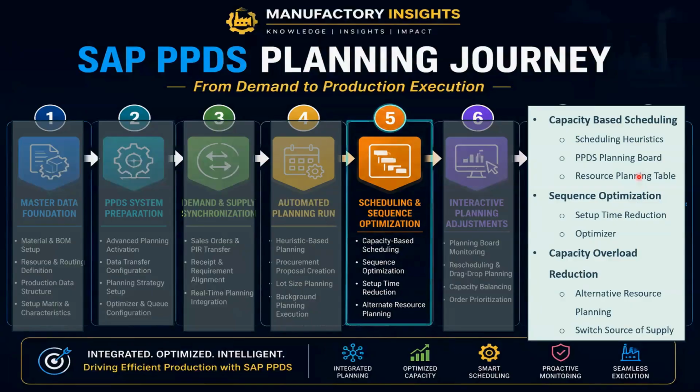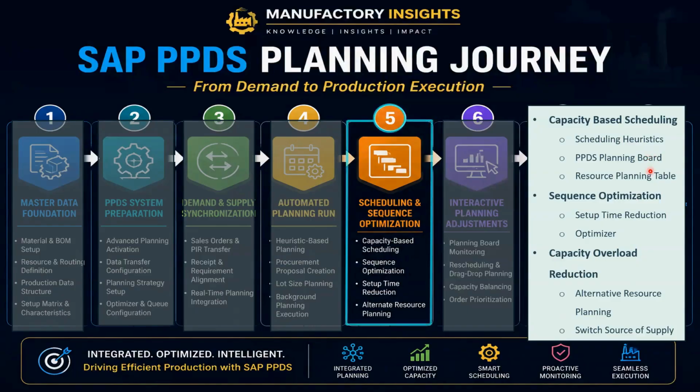SAP PPDS has multiple scheduling heuristics, for example, schedule sequence, minimize runtime, and remove backlog. These types of standard scheduling heuristics can be used from the PPDS planning board tool. Similarly, you can use a resource planning table as well to monitor your capacity and overload.